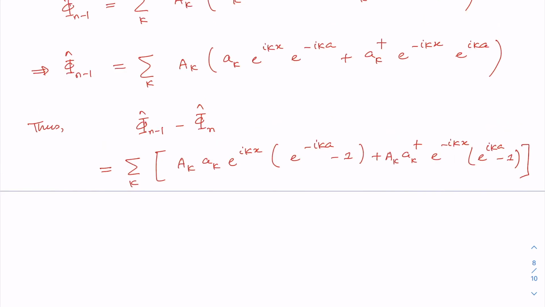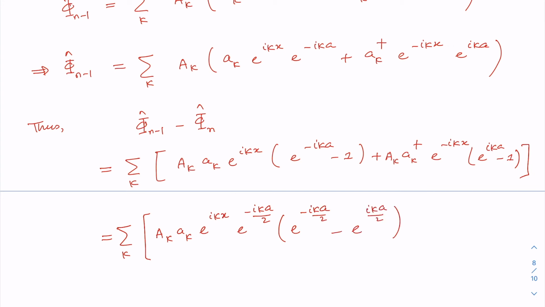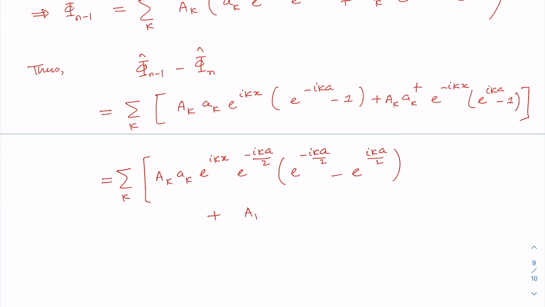This I can further write as summation over k ak e to the power I kx e to the power minus I ka by 2, then here I will have e to the power minus I ka by 2 minus e to the power I ka by 2, and plus ak dagger e to the power minus I kx e to the power I ka by 2 e to the power I ka by 2 minus e to the power minus I ka by 2.